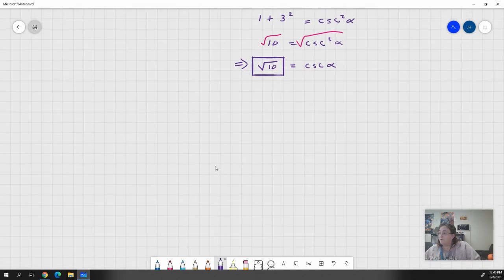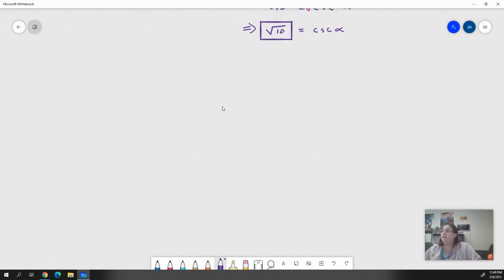Let's look at number 43. Now, number 43 is asking us for, we're moving on. We're saying we have to use trig identities to transform the left side of the equation into the right side of the equation.